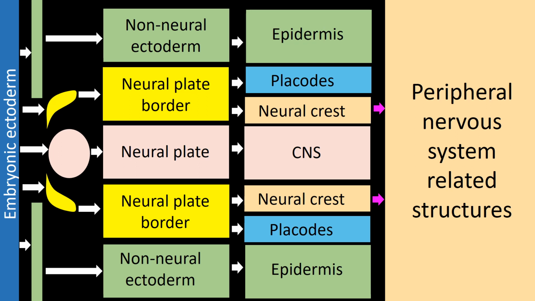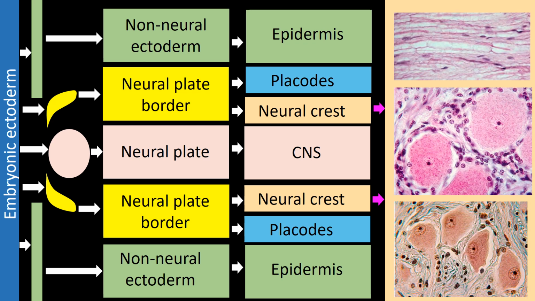Peripheral nervous system elements, at least some, also arise from neural crest cells. Here I have introduced 3 histological specimens of different peripheral nervous system structures to point out some of the components arising from the neural crest.